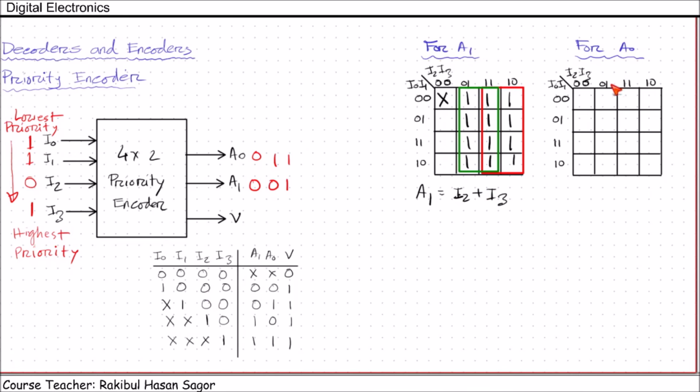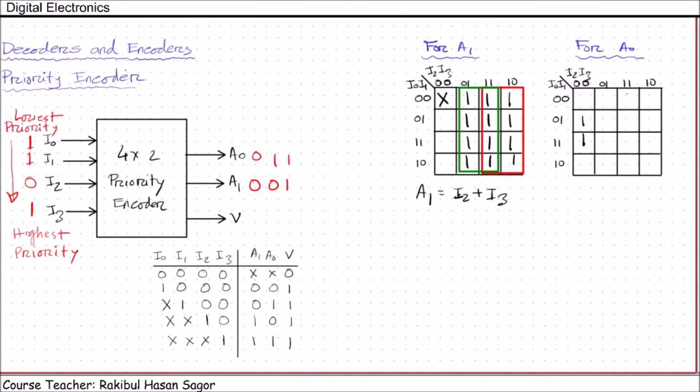Next, for A0, we have A0 equals 1 when I1 equals 1 and I0 is a don't care condition. I1 equals 1 is in this line and I0 is a don't care, so for all the combinations of I0, it is true. We can place 1, 1 here. Another condition is that we have 1 here.